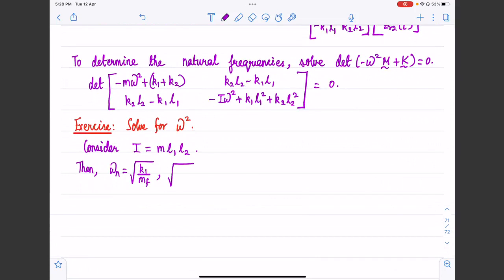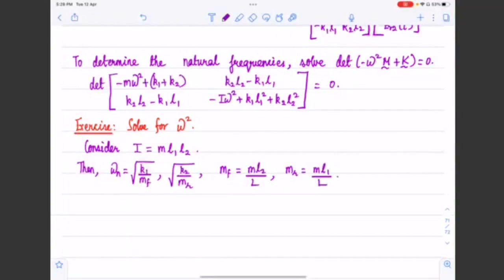Wherein the two natural frequencies associated with the pitch mode become square root of k1 by mf and square root of k2 by mr, where if you recall, mf is the mass of the vehicle supported at the front suspension, which is ml2 by l, and mr is going to be the mass of the vehicle which is supported by the rear suspension, okay, which is going to be ml1 by l.